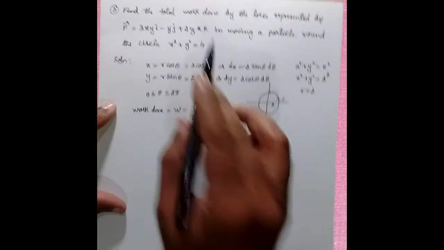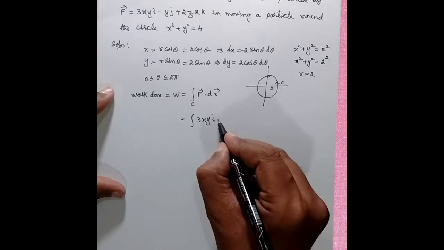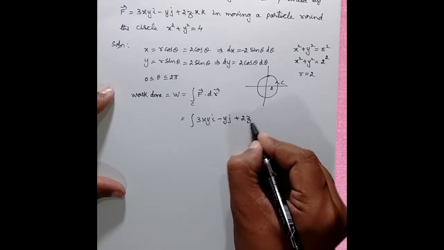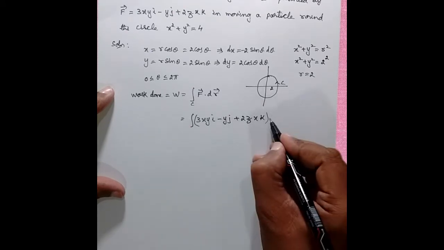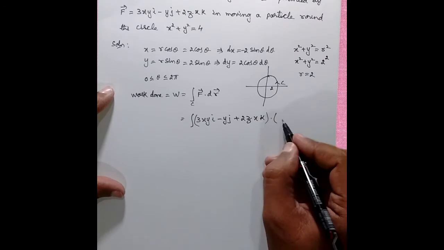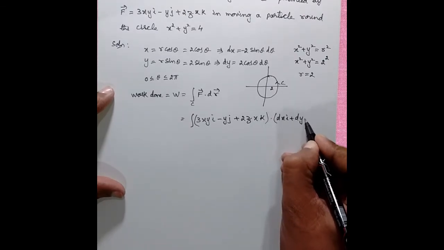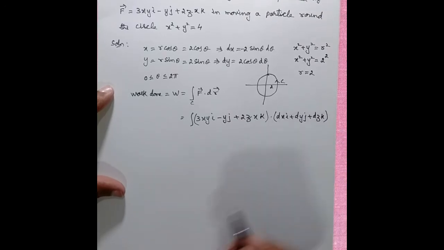It is already given in the question: 3xy into i minus y into j plus 2zx into k, dot product with dr vector. So dr vector is dx into i plus dy into j plus dz into k.